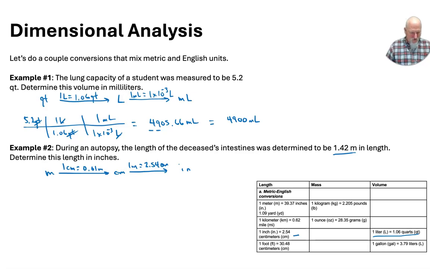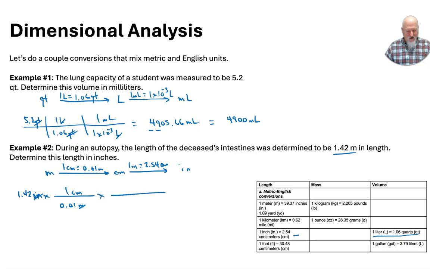So let's start with what we're given, 1.42 meters. I'll do just as fractions. I keep seeing the m and thinking inches. 1.42 meters. So the meter part has to go in the denominator. And the centimeter part goes on the top. Okay. So that gets me to centimeters.